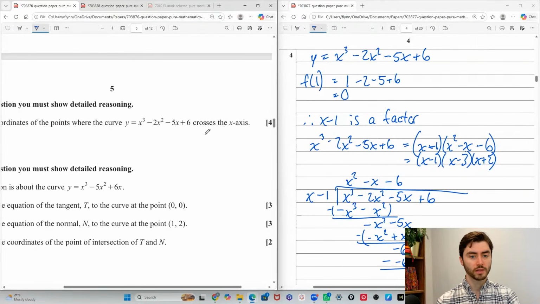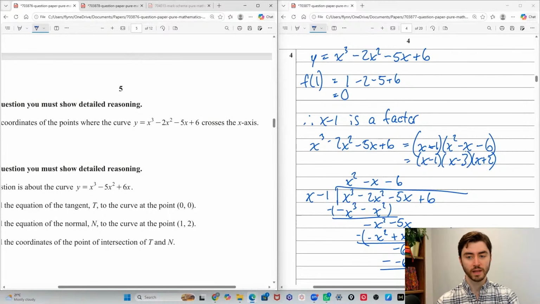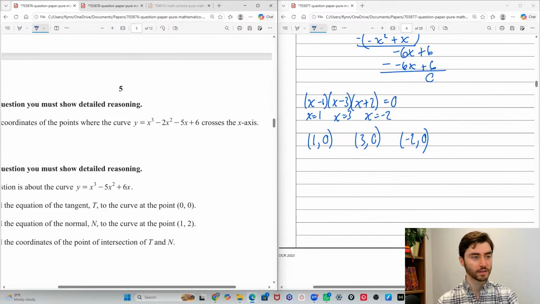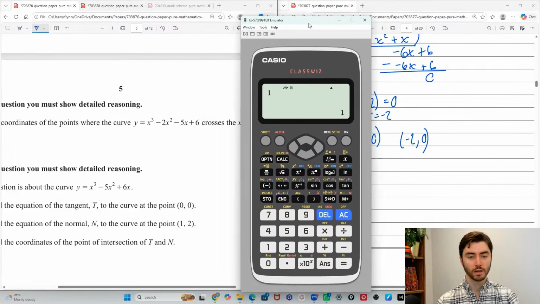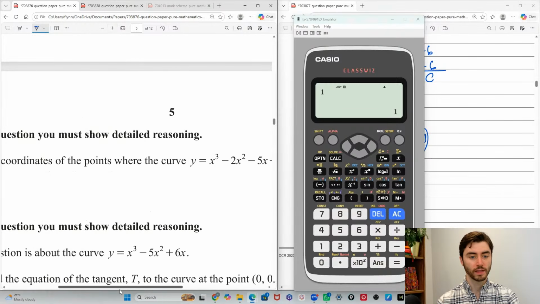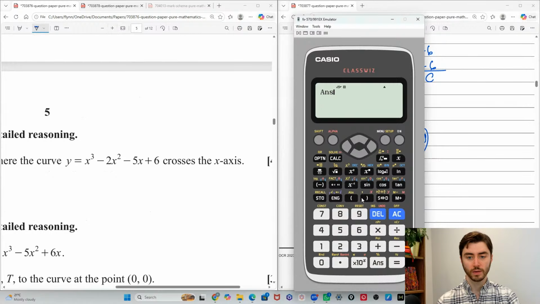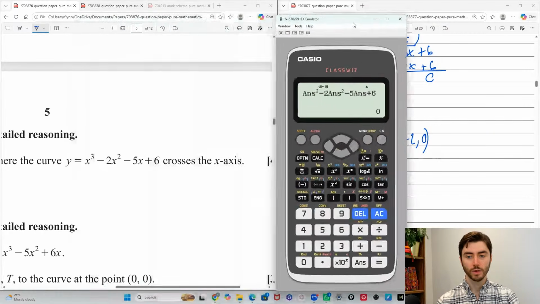Find the coordinates where these things cross the x-axis. Very simply, I will plug in my x values, make sure I get 0. So for instance, x equals 1. Let's plug that into the curve. So answer cubed minus 2 answer squared minus 5 answer plus 6 is 0.